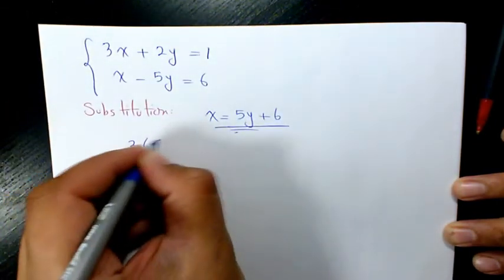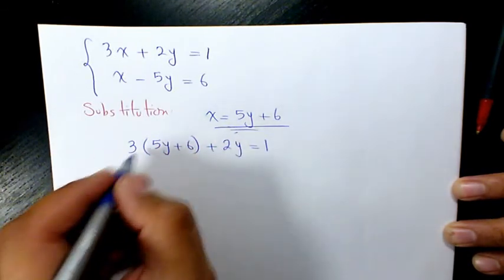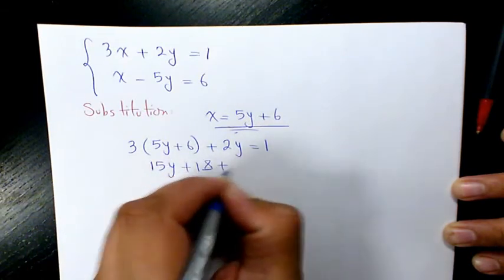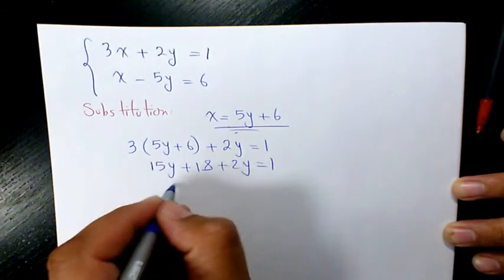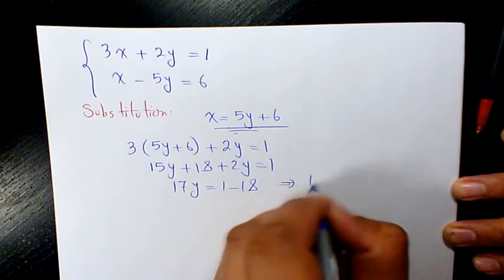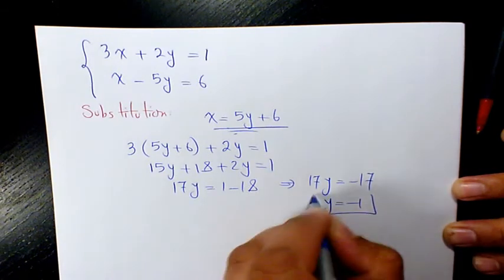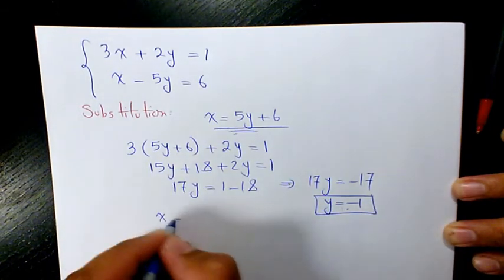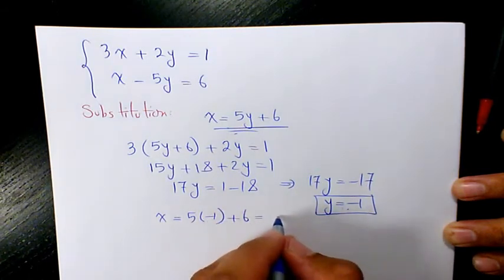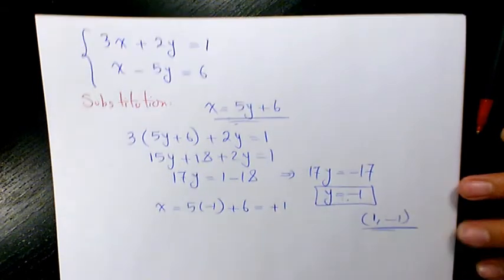It's going to be 3 times 5y plus 6, plus 2y equals 1. 3 times 5y is going to be 15y plus 18 plus 2y equals 1. 17y equals 1 minus 18, so 17y equals -17. So y will be -1. When you sub it there, x will be 5 times -1 plus 6, which is going to be 6 minus 5, plus 1. So 1 and -1 is going to be the point of intersection.